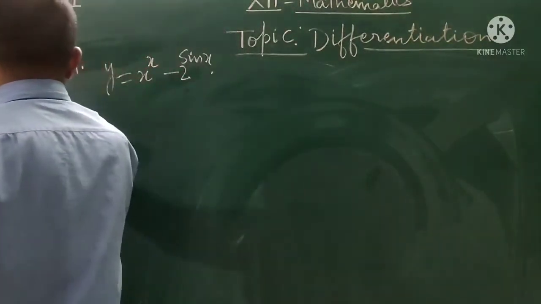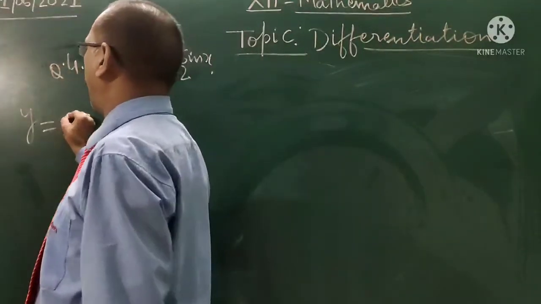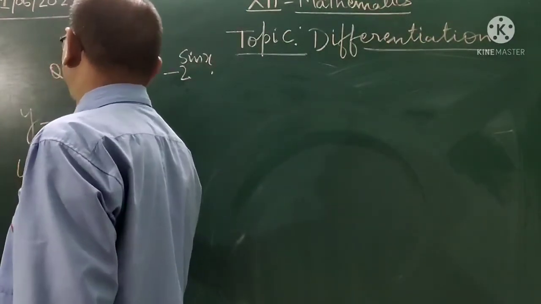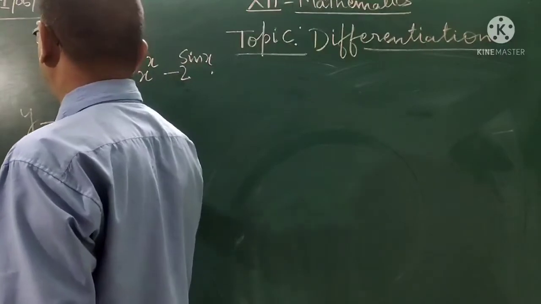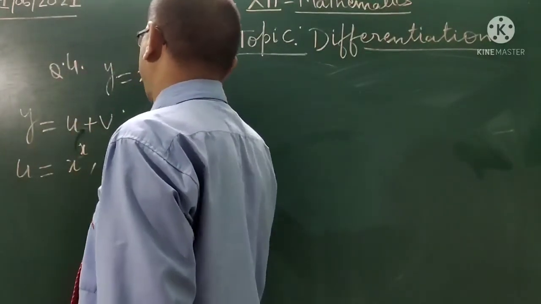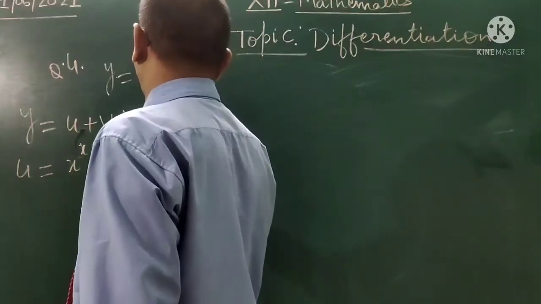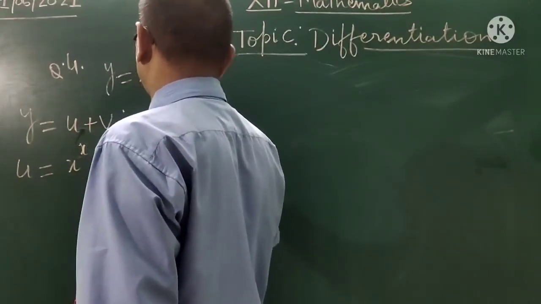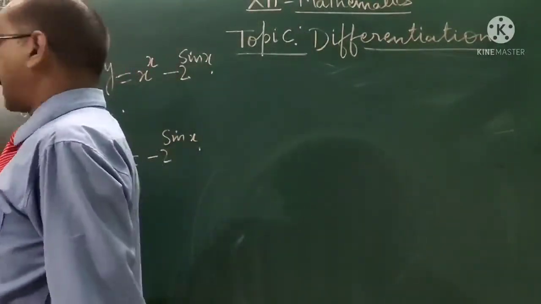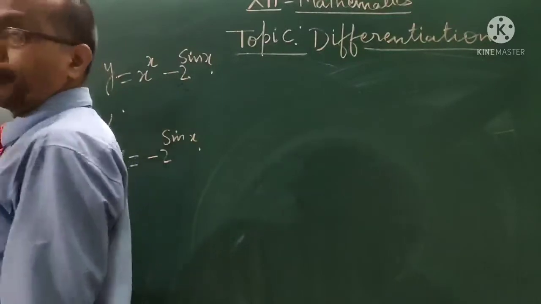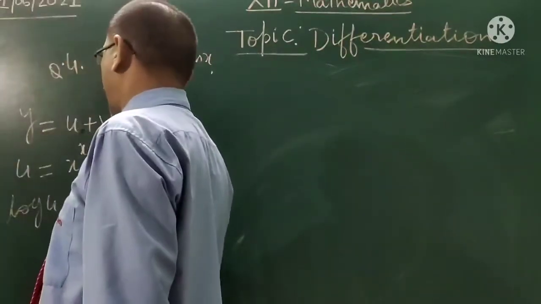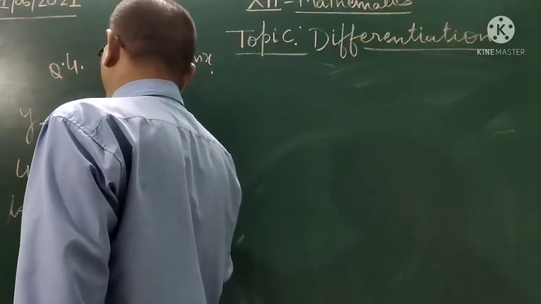Here we suppose y equal to u plus v. Here u equal to x power x and v equal to minus 2 power sin x. Then take the log of u. It is x log x.